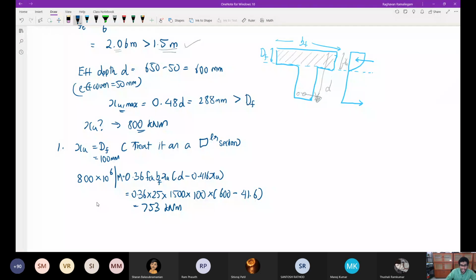Okay, so we say that if you make a design such that XU equals DF, it will not be sufficient for this moment. So we have to try something else, some other assumption.